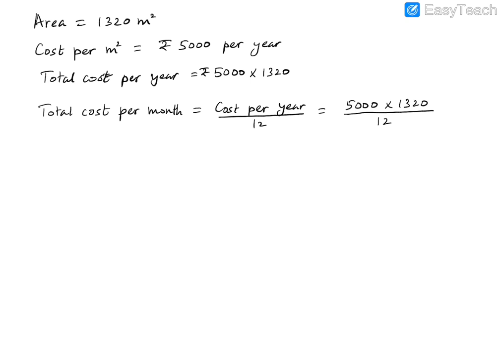So that is the cost per month, and we now need to calculate the cost for 3 months. So we can simplify this and get the cost per month. 12 will go 11 times in 132, so we get 5,000 into 110, and so that gives us a value of 5,50,000.